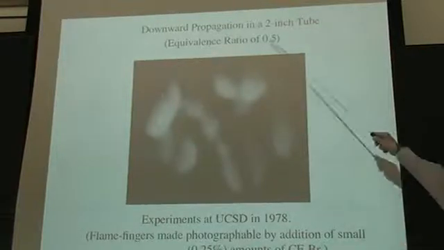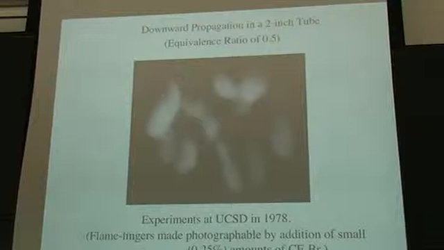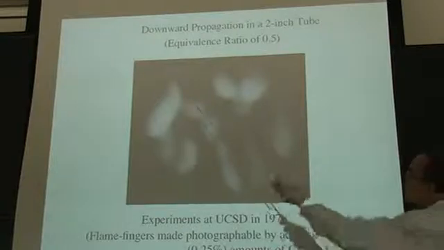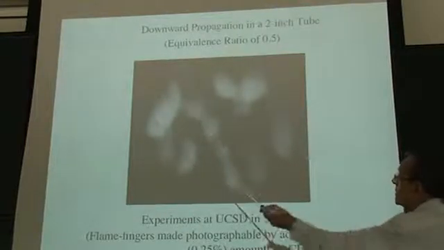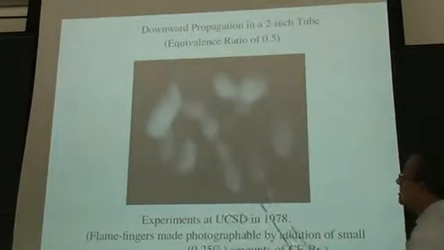This happens to be downward propagation in a 2-inch diameter standard flammability tube. Toru Matani did these experiments, and I don't know if you can see, there's this finger, this finger, this finger.